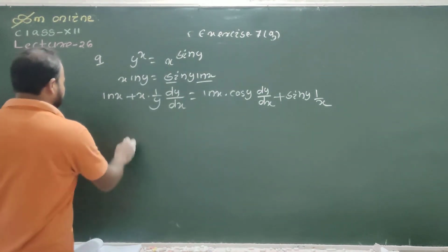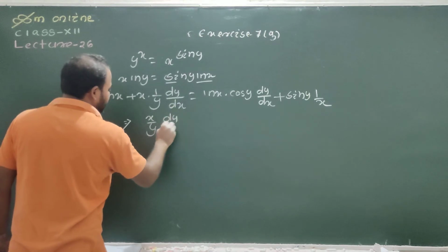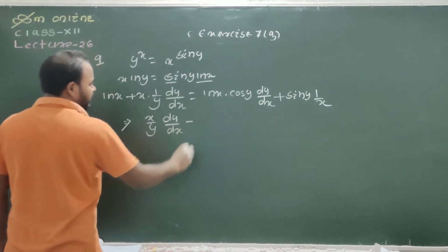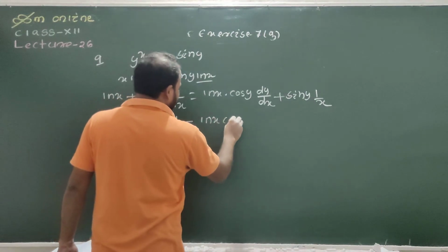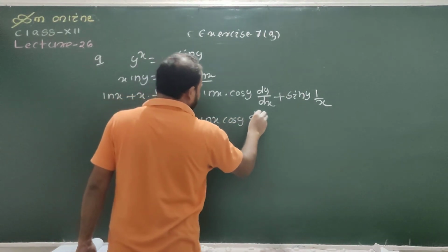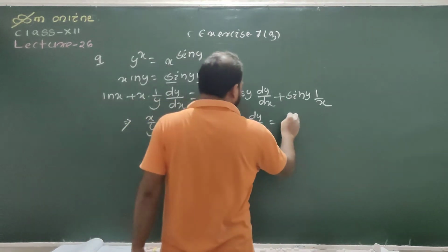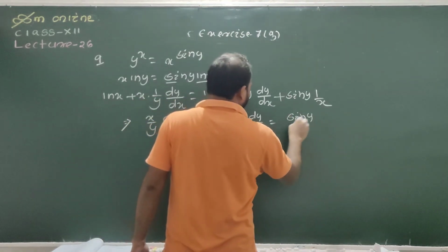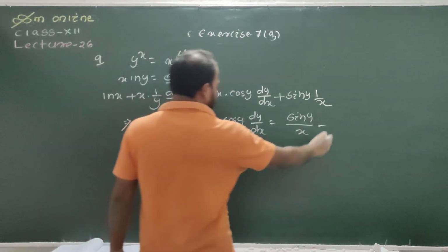Now x by y dy by dx minus ln x into cos y dy by dx equal to sin y by x minus ln x.